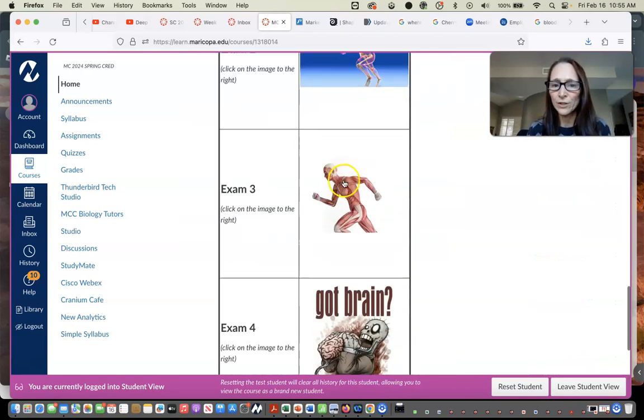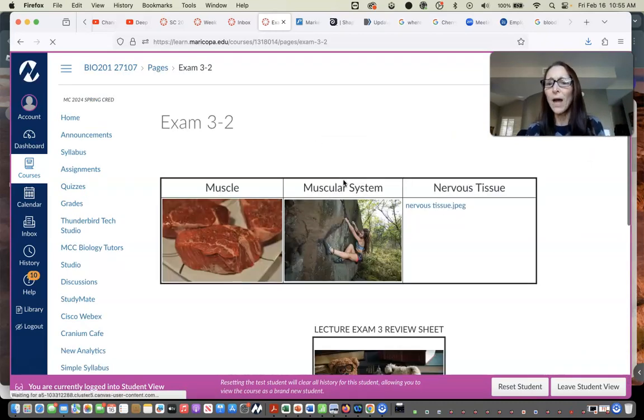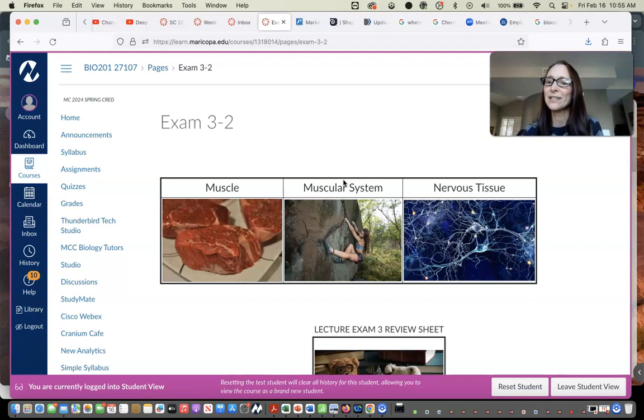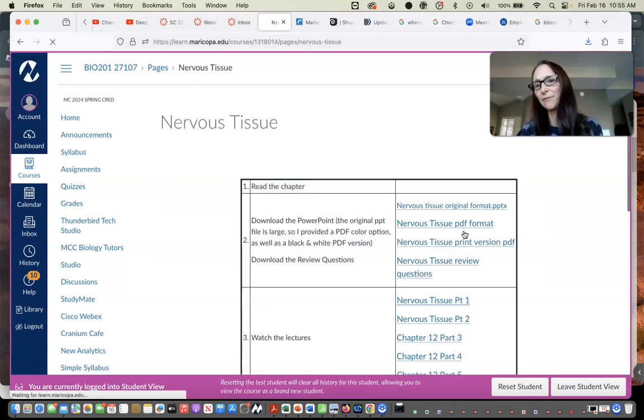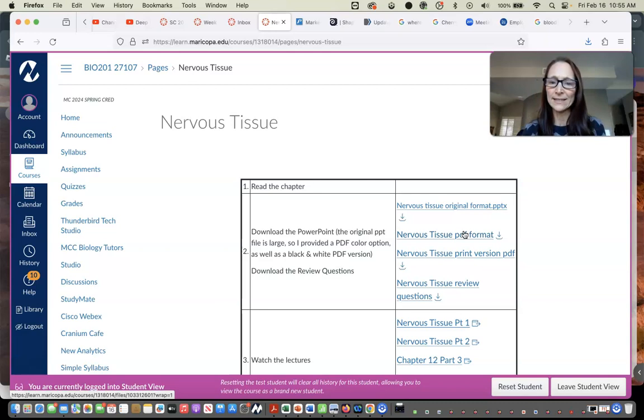So for lecture this week, we're actually going to get into the nervous tissue. So even though lab is not going to get into the nervous system until after this practical, we're just going to go ahead and jump into some of the nervous tissue because otherwise there's just too much information left for the very last exam.